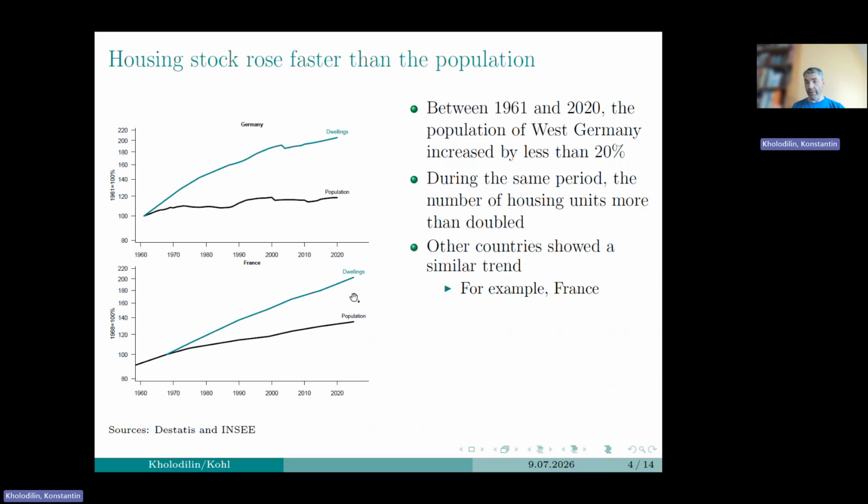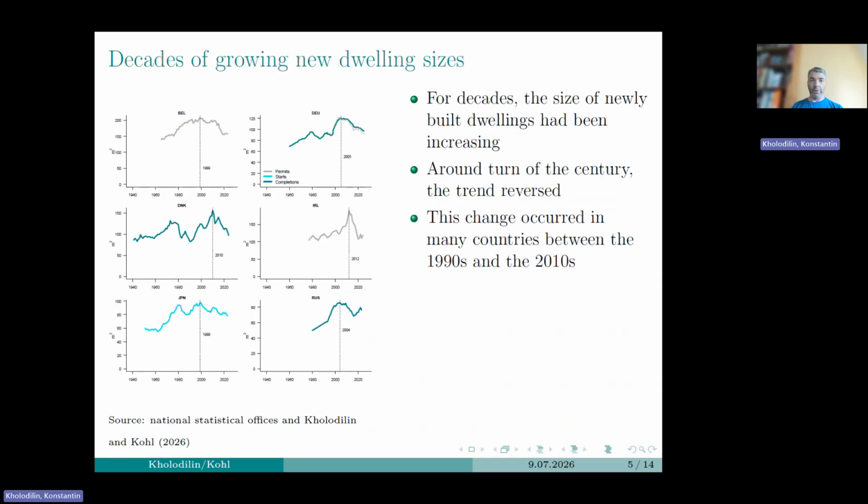So purely mathematically, if you have more and more dwellings, and this number increases more rapidly than the population, you're going to have more square meters per person. An additional factor is that the newly built housing size was increasing too. Each year, the average size of the newly built housing was becoming bigger and bigger compared to the previous years. You can see it here.